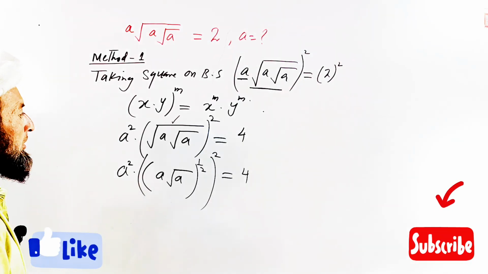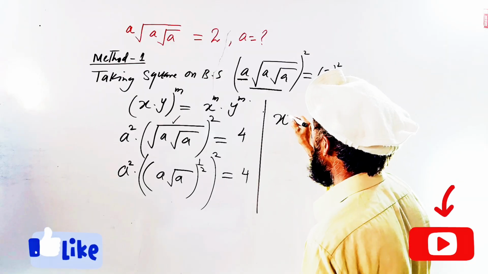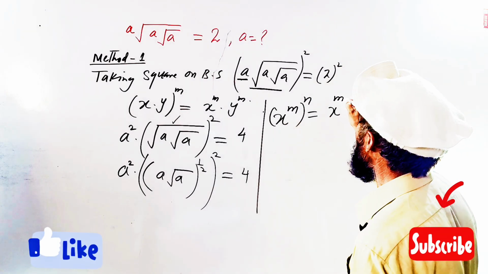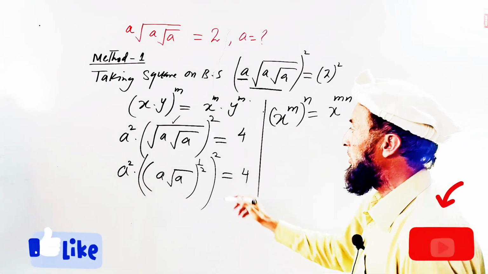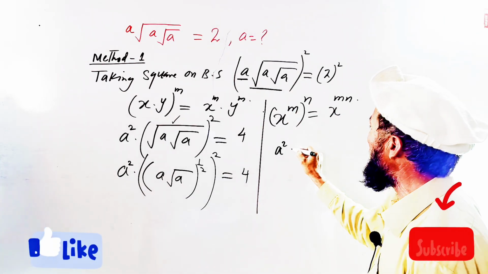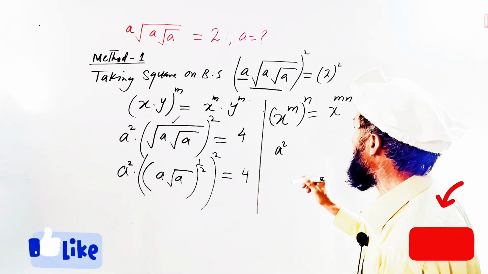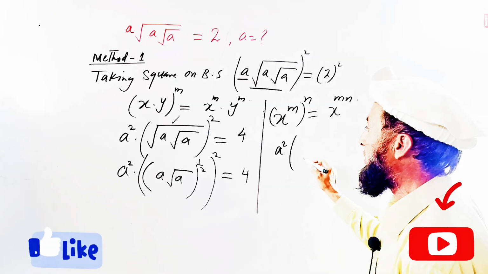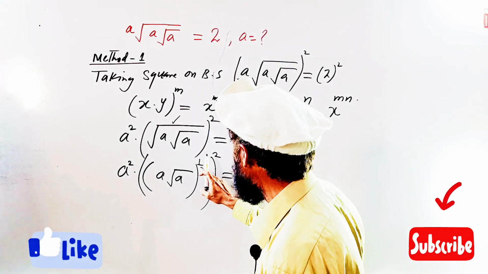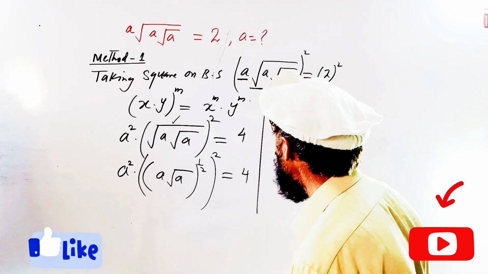Now according to the double exponent property, we have x to the m, whole exponent of n, is equal to x to the mn. According to this property, we multiply the exponents on this term and on this term, applying the double exponent property to the whole.